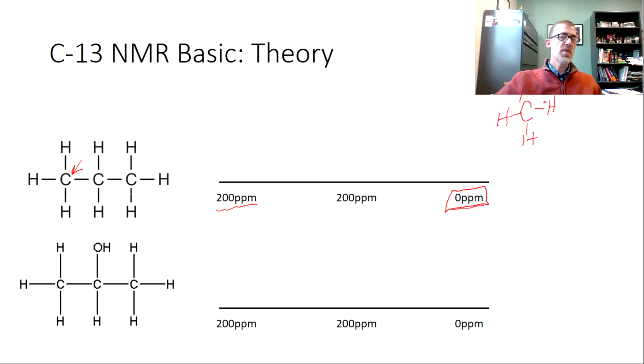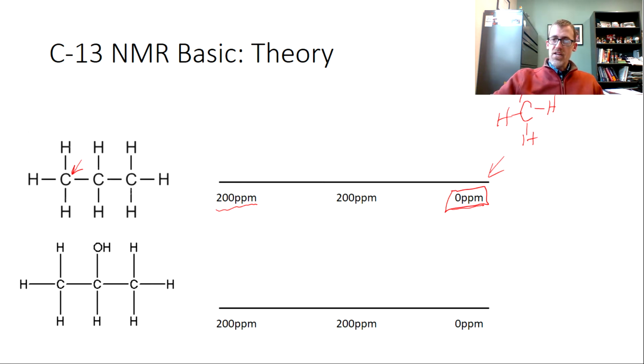These carbon-hydrogen bonds are fairly nonpolar, and so the electron density around the carbon is maybe what we would say is fairly normal. And so this we would expect to have a frequency that would land it down at this end of the spectrum. The right end of the spectrum we refer to as being upfield shifted.